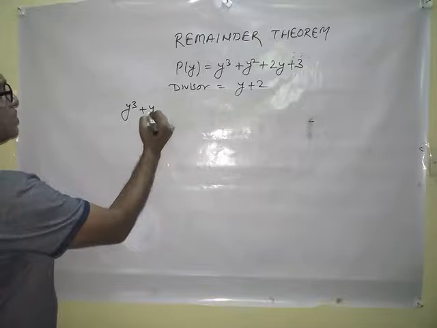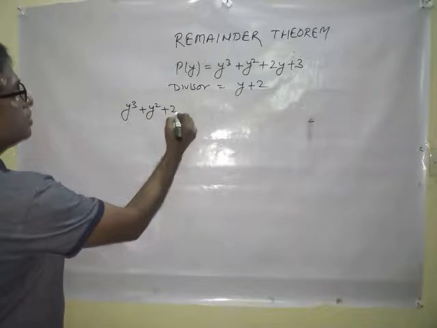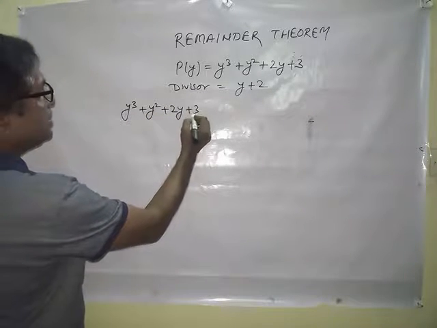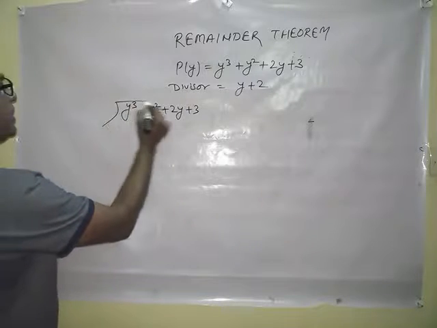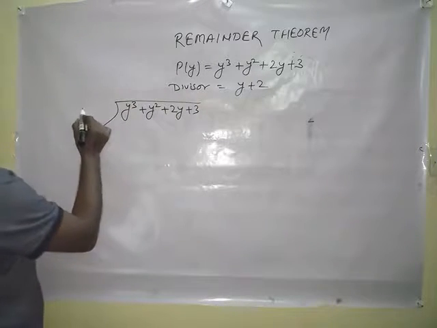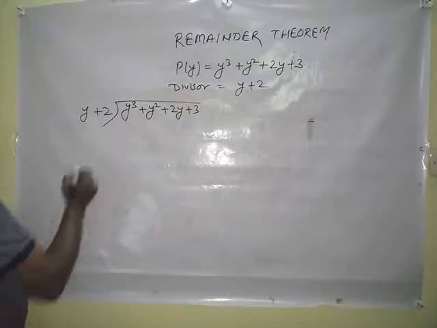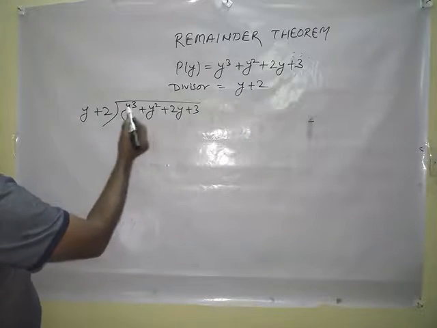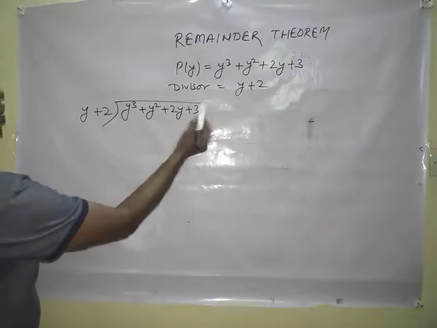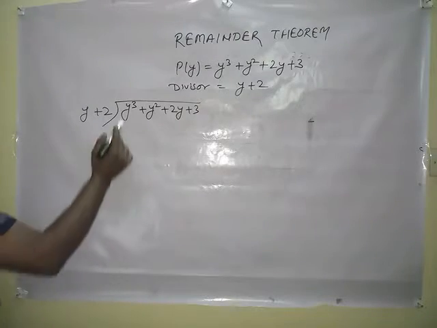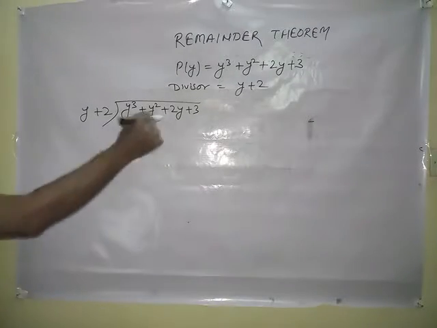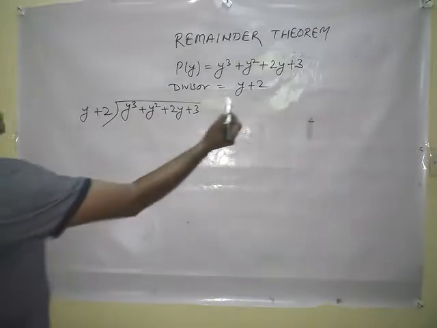y cube plus y square plus 2y plus 3 divided by y plus 2. It is already in order 3, 2, 1, 0, so no need to rearrange this like we did earlier.